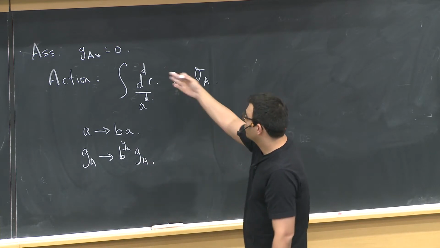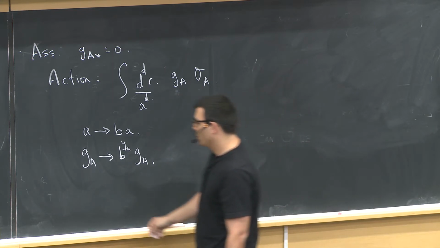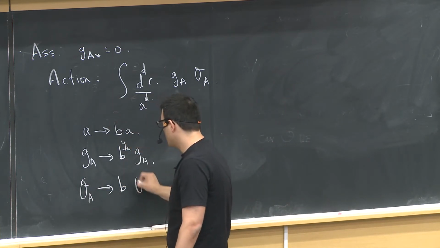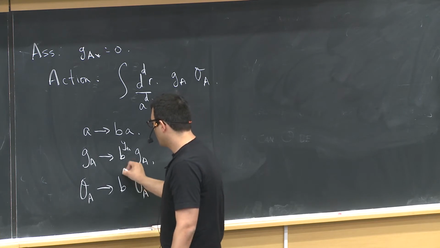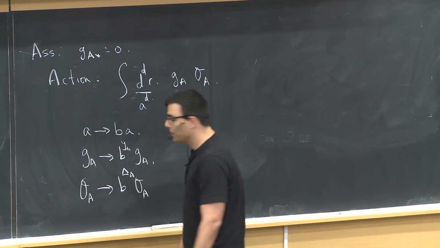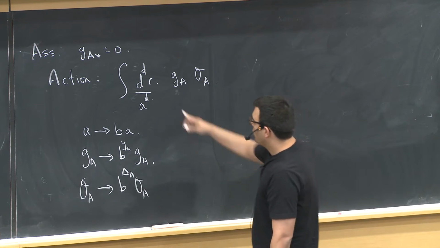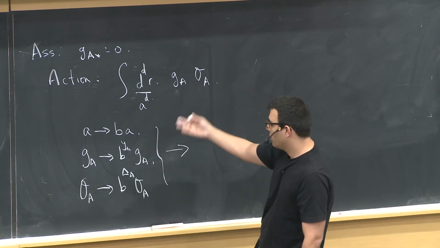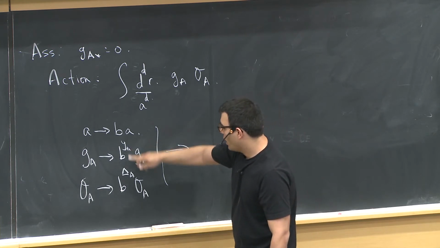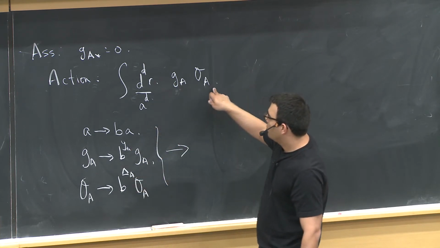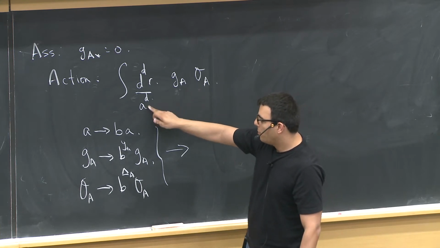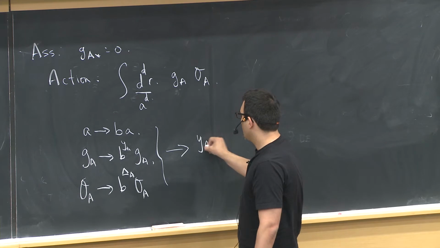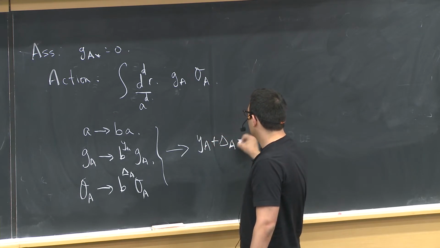So in order to preserve this equation, we should say that the operator O_a goes to b to some power times O_a. Let's call that power delta_a. And in order for this equation to be invariant, we must have that y_a plus delta_a, which is the power of b in the numerator, must match the power of b in the denominator, which is d. So y_a plus delta_a equals d.